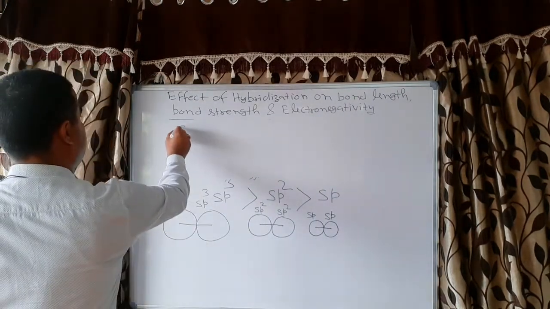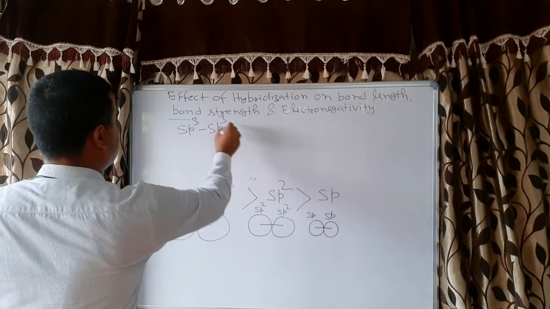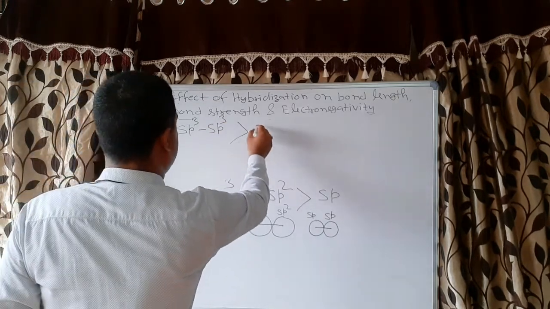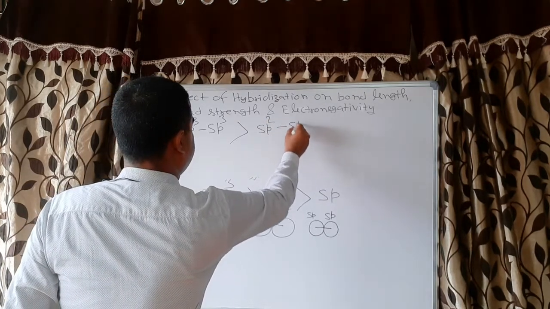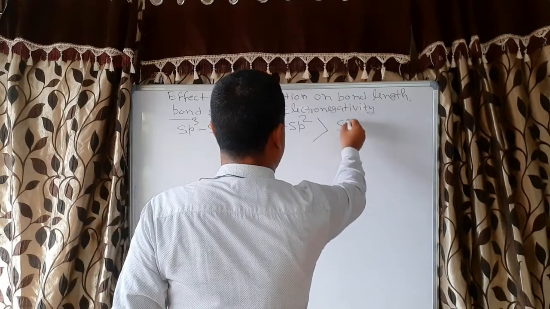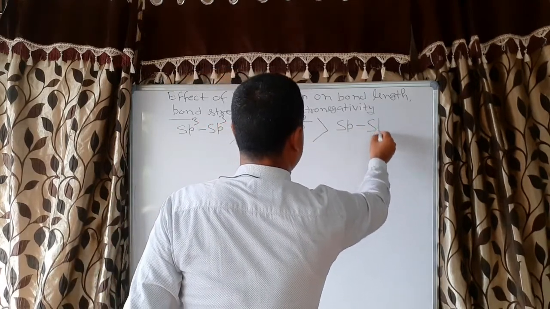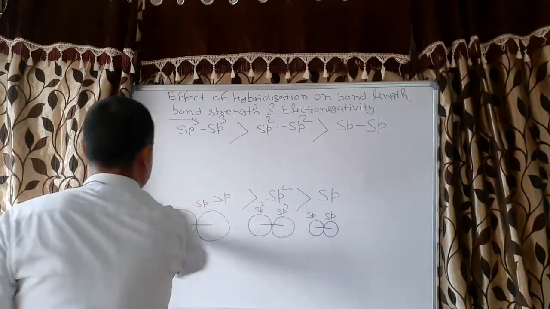So bond length of sp3 is greater than bond length of sp2, and that is greater than bond length of sp. Now we will take the example.